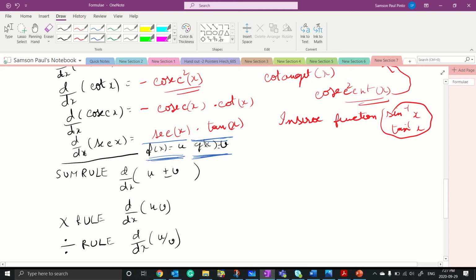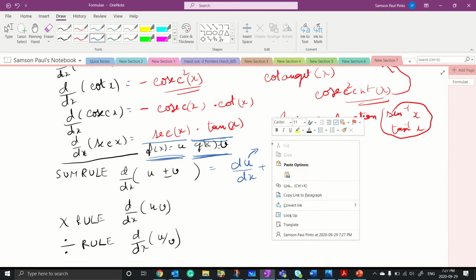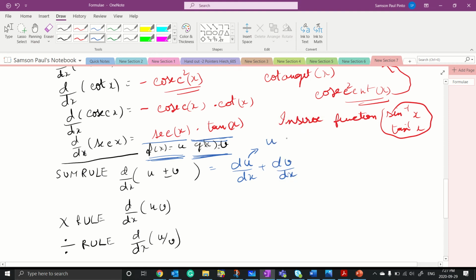So d by dx of u plus or minus v is essentially du by dx plus or minus dv by dx. Also please remember that here u is a function of x, u is dependent on x, and v is also dependent on x. This rule is called the sum rule.